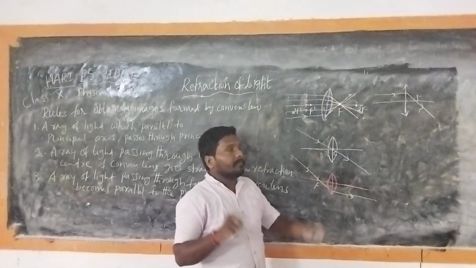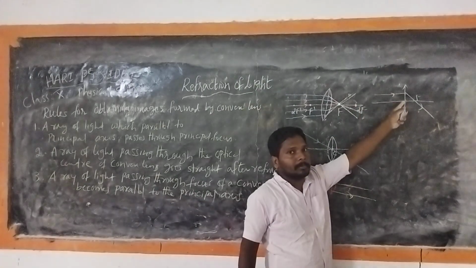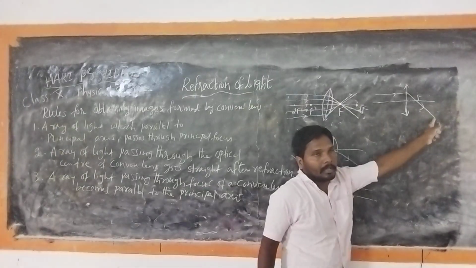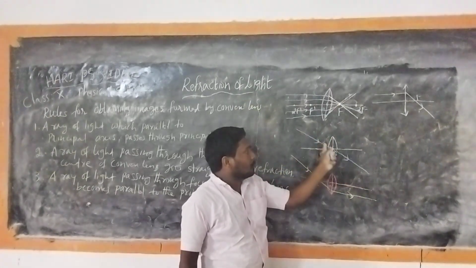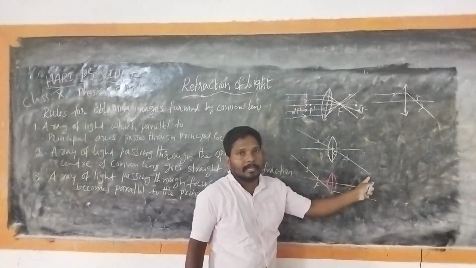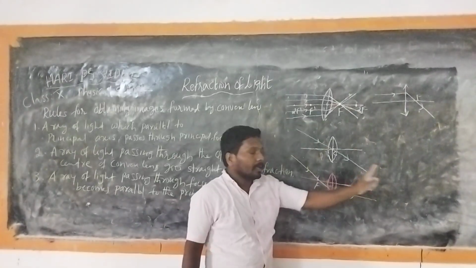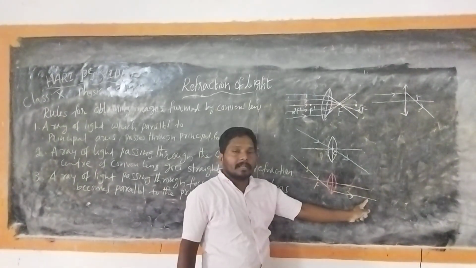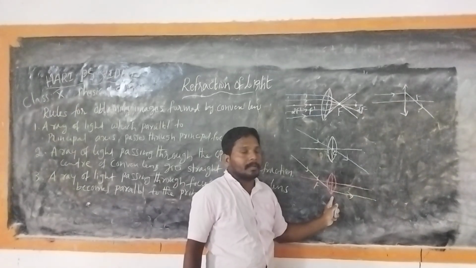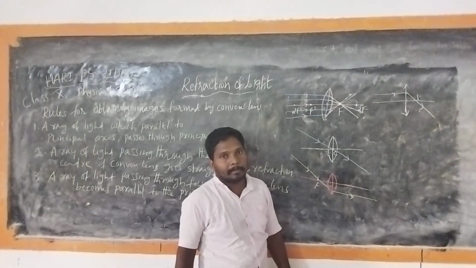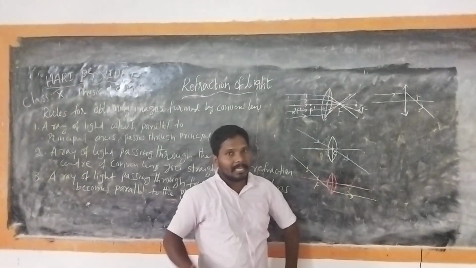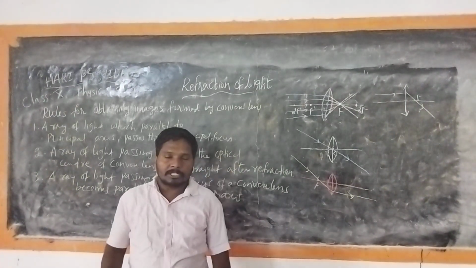One: if it is parallel to the principal axis, after refraction it passes through the focus. If it passes through the optic center, there is no deviation, the path is straight. If it passes through the focus, after refraction it travels parallel to the principal axis. There is one special case.